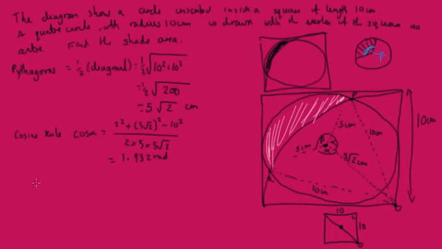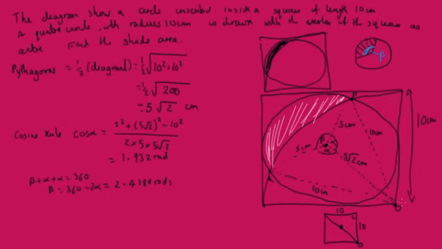So if you think about it, beta plus 2 alpha is going to be 360, so beta must be 360 minus 2 alpha. So beta is going to be 2.4189 radians.